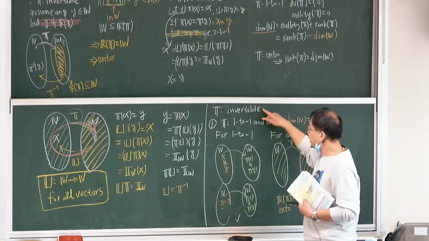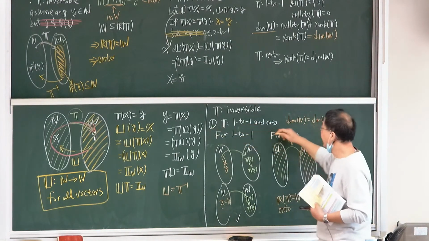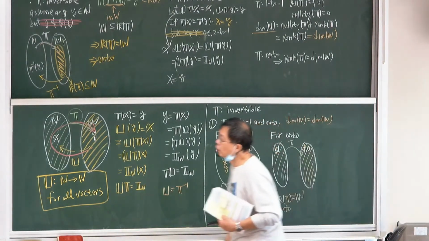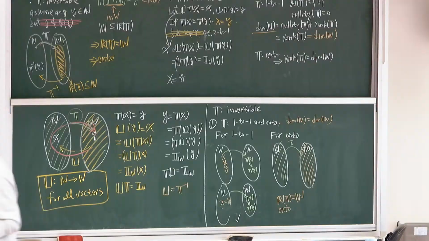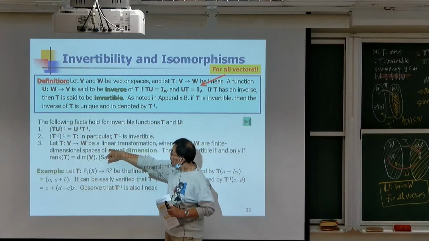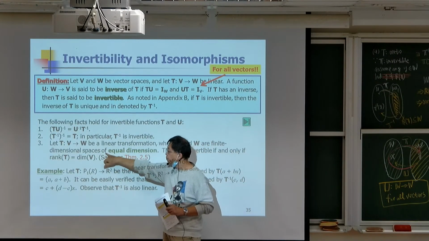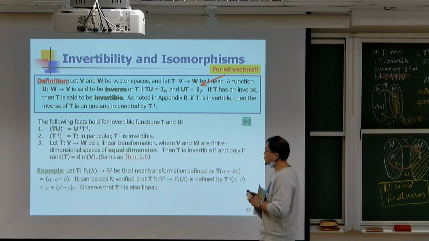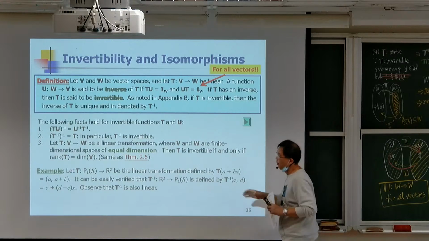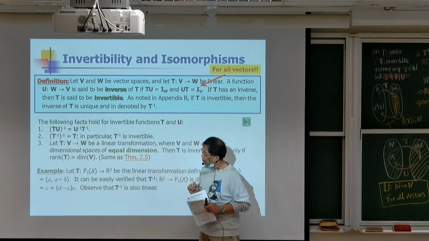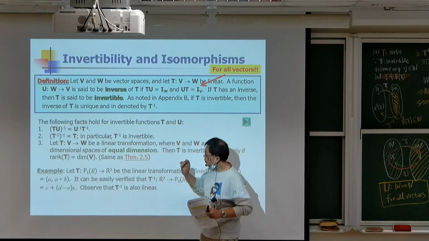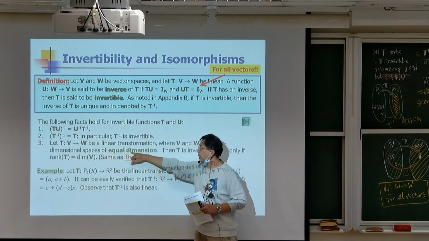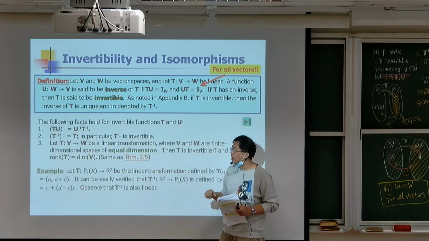Okay, so T invertible implies one-to-one and onto, and also dimension V equals dimension W. We have already proved the following fact, the third fact here. But I think this one is the most important, so I prove it first. For the third fact, the textbook doesn't prove they have equal dimension.